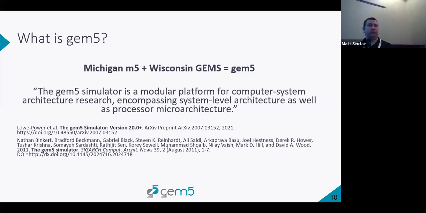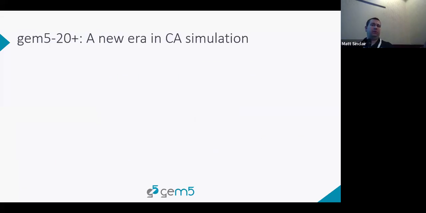The original gem5 simulator paper that was in the mostly now defunct computer architecture newsletter, which the SIGARCH blog has kind of replaced today, and our arXiv paper in 2020, 2021, excuse me, talking about the modern versions of gem5. And largely, we're going to talk only about those modern versions today.